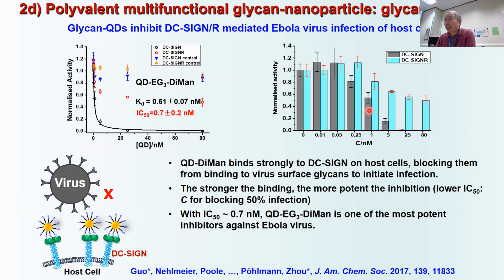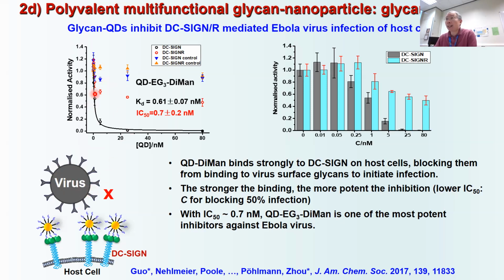We also found that these nanoparticles, the sugar-coated quantum dots, can really potently block DC-SIGN mediated viral infections. This is because the sugar-coated quantum dots will occupy the surface receptors on the cell, and then it will be able to prevent further virus attachment.